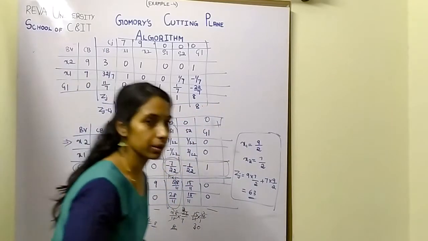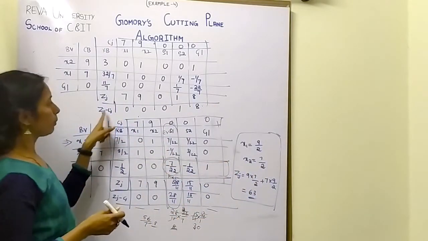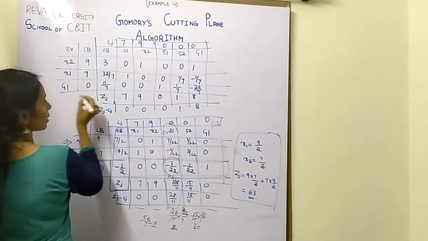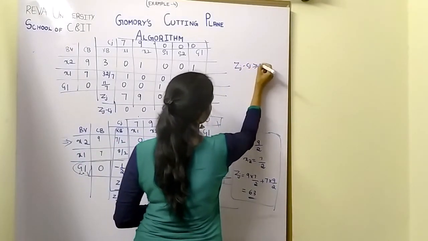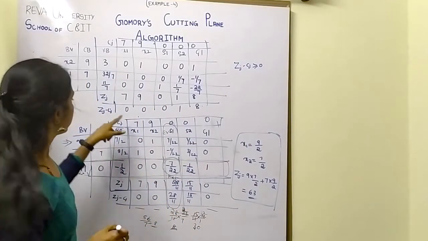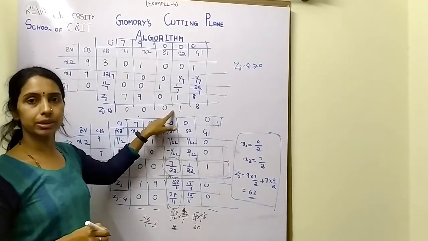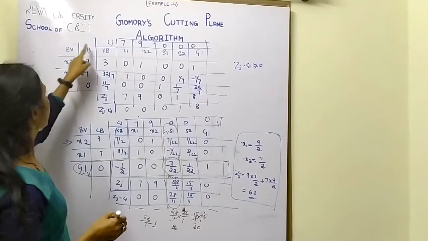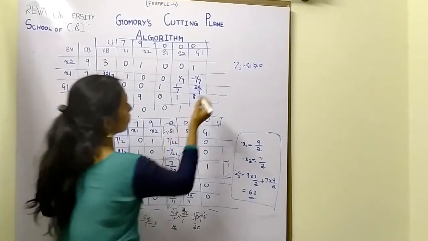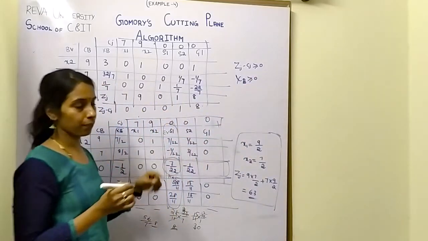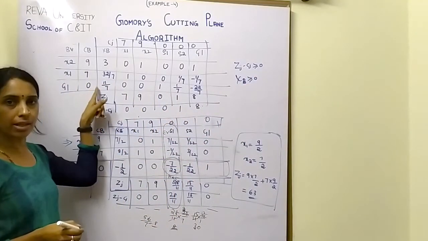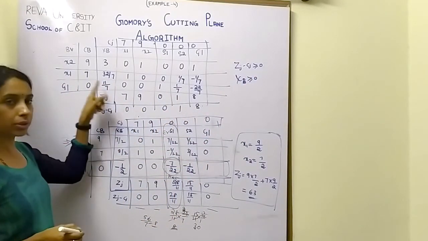Now, if you observe here, the optimality condition is Zj minus Cj greater than or equal to 0. Correct? So we got Zj minus Cj greater than or equal to 0, and all the XB values are greater than or equal to 0. Both conditions are satisfied here. So, can we stop here?